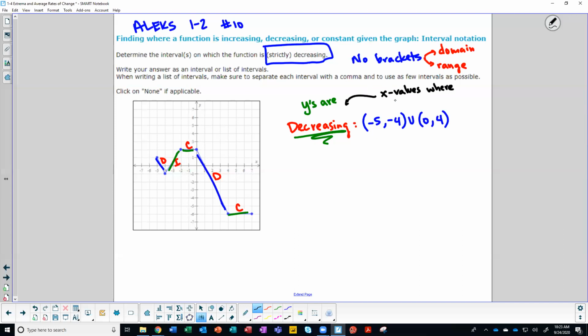Does that make sense? Yes. So these right there are the x values where y's are decreasing. That's kind of like that concept. And so this will be the answer right here in blue. All right.